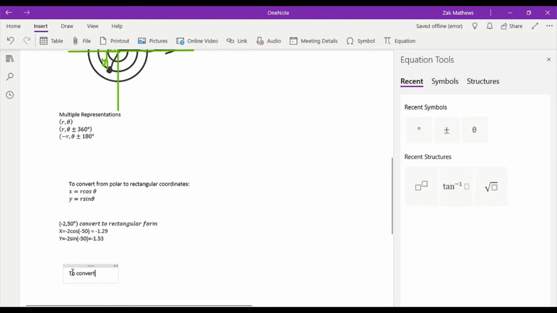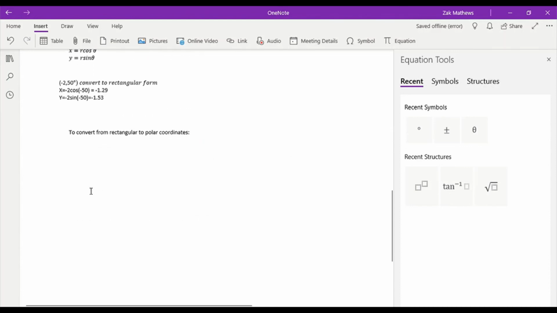To convert from rectangular to polar coordinates, well, let's start with an example on this one and then we'll define our formulas. So let's say we have the example, the point 2, negative 2. So the first thing I'm going to do is sketch that out.